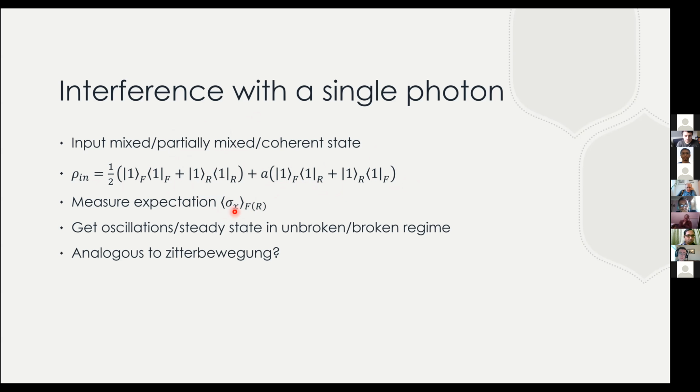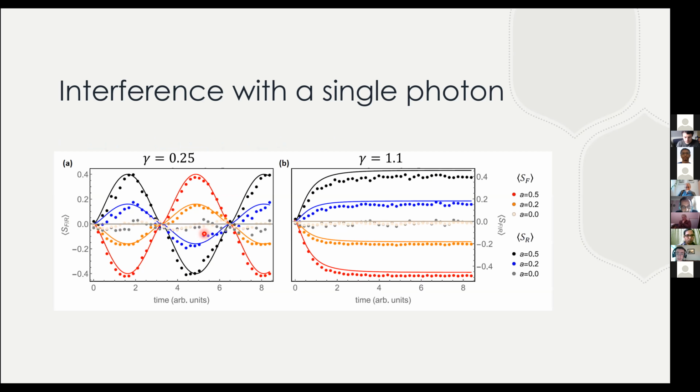And this gives something that's in some sense analogous to some kind of Zitterbewegung effect. So some trembling motion where the forward system is interacting with the time reverse system and giving oscillations. And that's shown here. So in the PT unbroken regime, we do find these oscillations. And these oscillations are maximized whenever the state is most coherent.